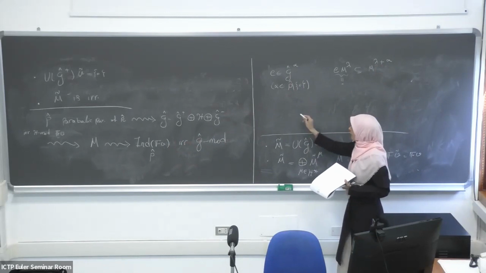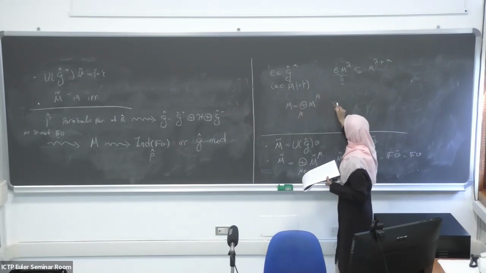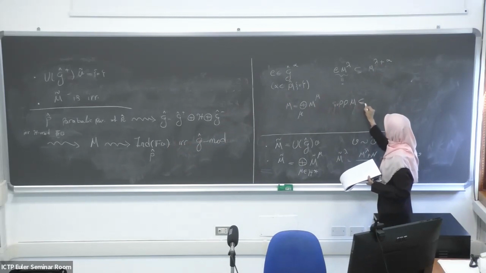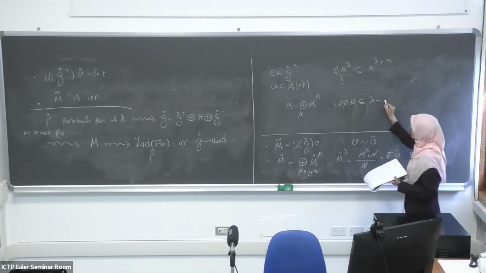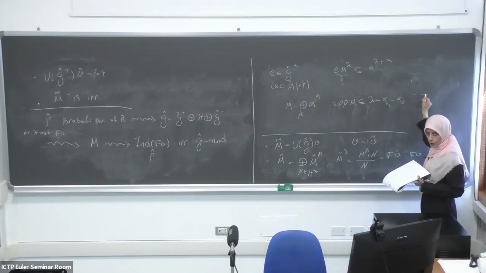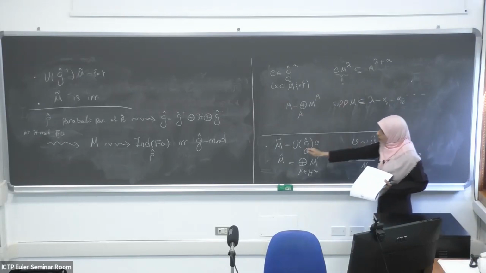And you remember, I told you that M is a direct sum of M mu, and the support of M was a subset of lambda minus alpha I1 minus alpha I2, like this, right? And it's the meaning of highest weight.